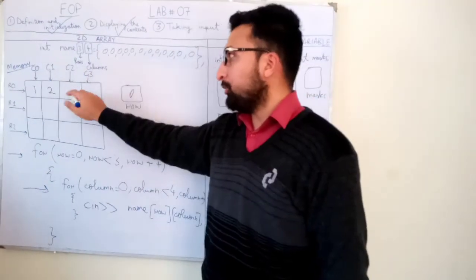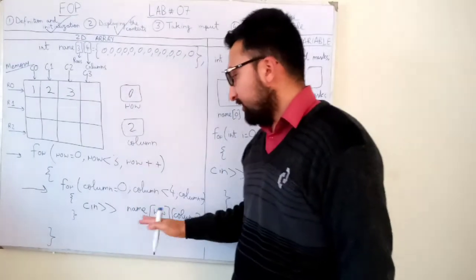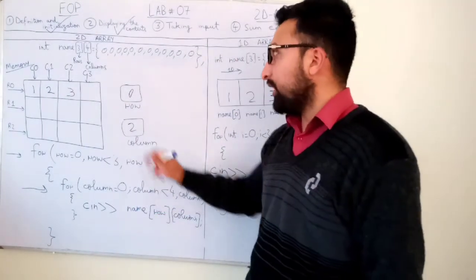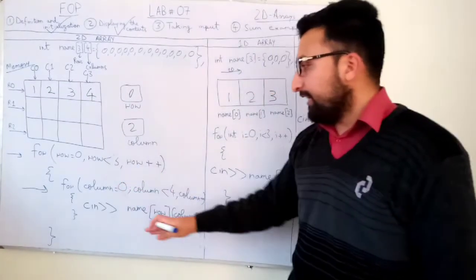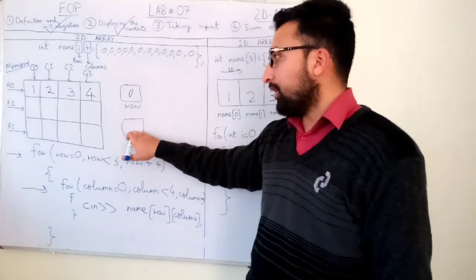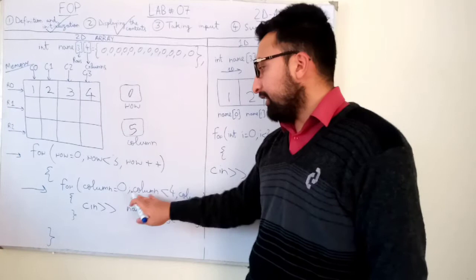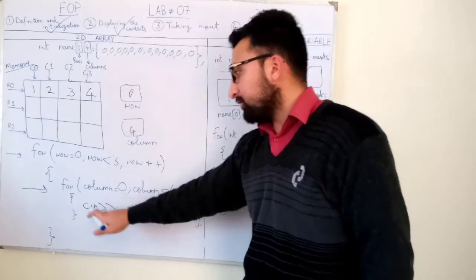Row 0 and column 2 meet here, data will be stored here. It runs again, the next data will be stored at name of 03. For example, the user enters 4, it gets stored here. Next the column becomes 4 now. 4 less than 4 is a false statement, this loop gets skipped.